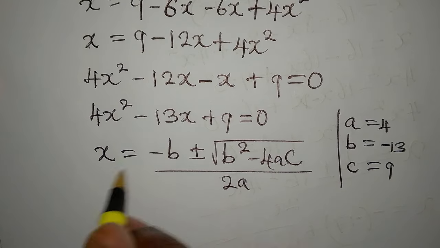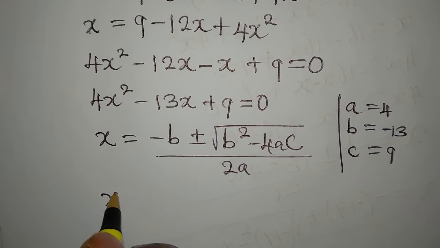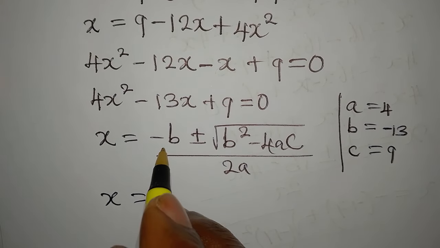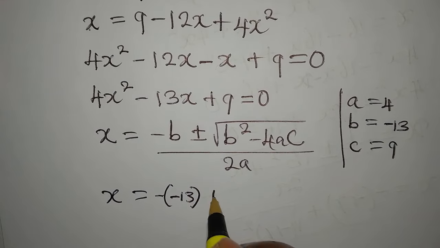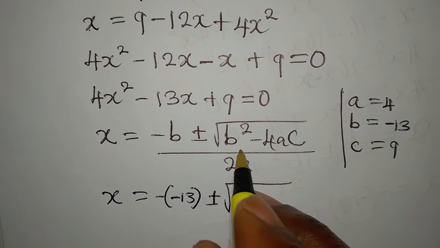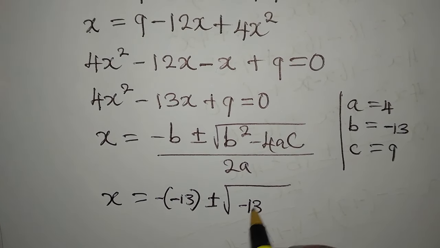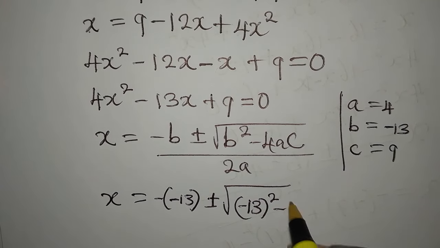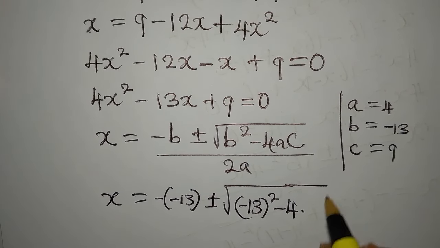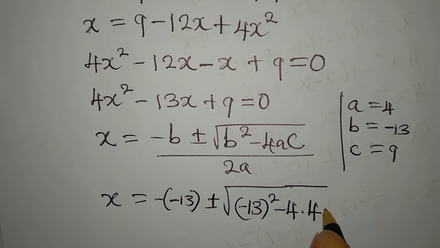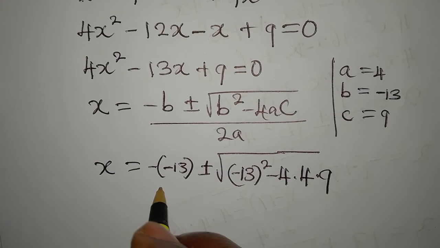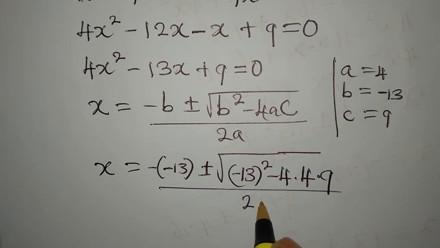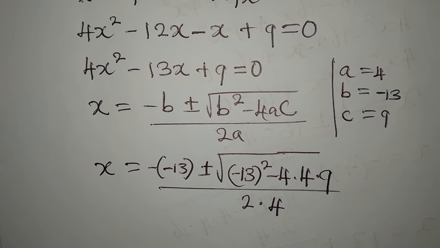So let's put this into this formula now so that our x will be minus b. That will be minus minus 13 plus or minus b squared, which will be minus 13 squared, minus 4 times a is 4 and c is 9. So this is divided by 2 times a, which is 4.